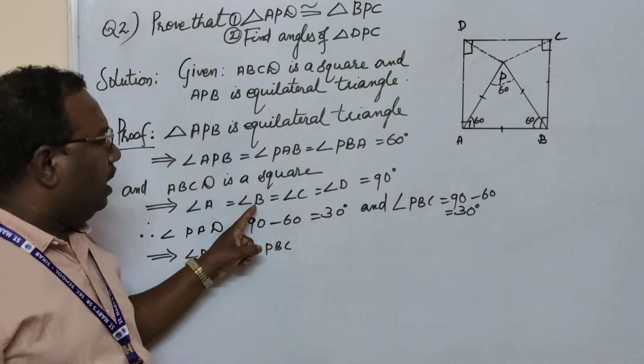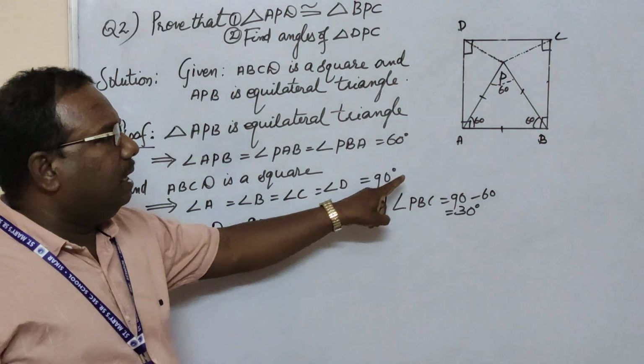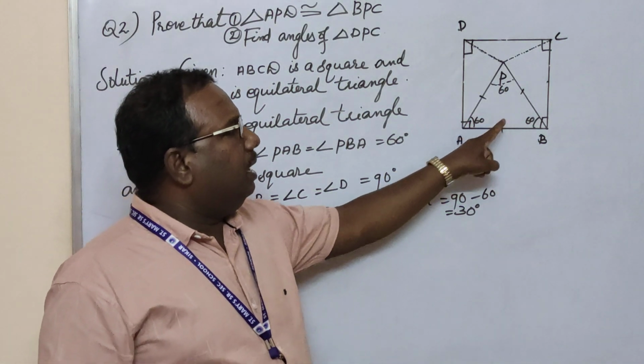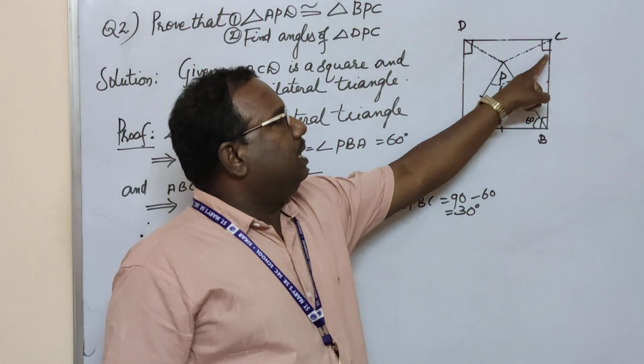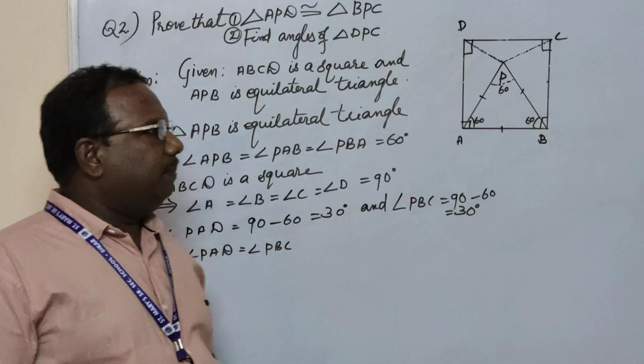Angle A equal to angle B equal to angle C equal to angle D equal to 90 degrees. Here I have marked angle A, angle B, angle C, and angle D. Each angle is 90 degrees.